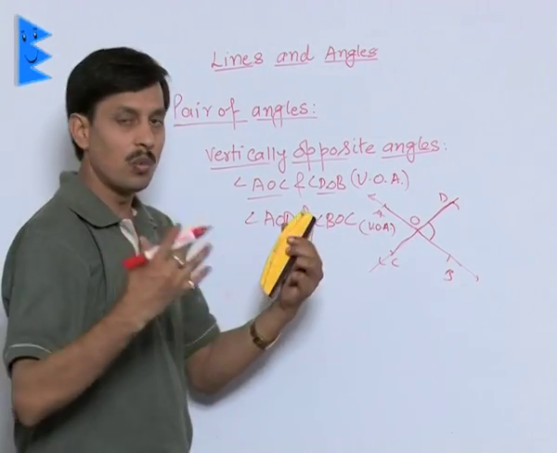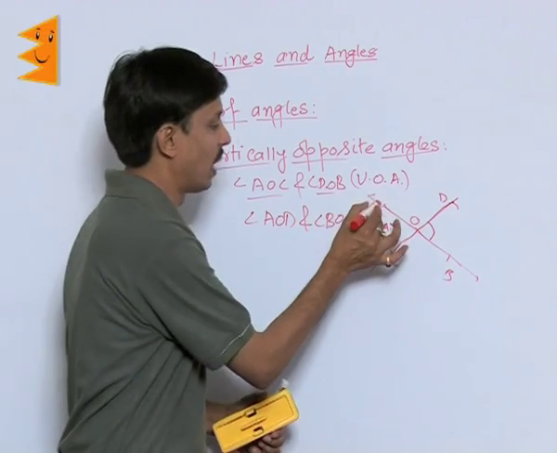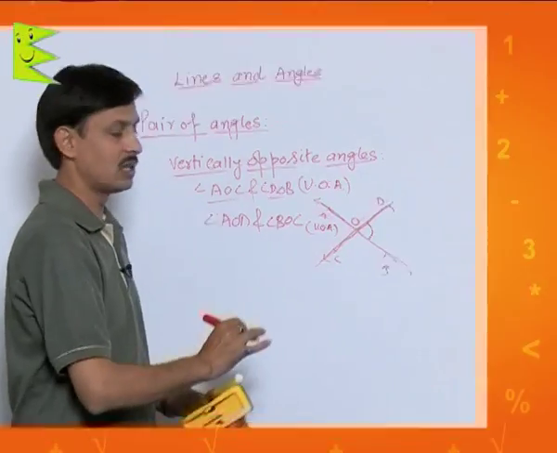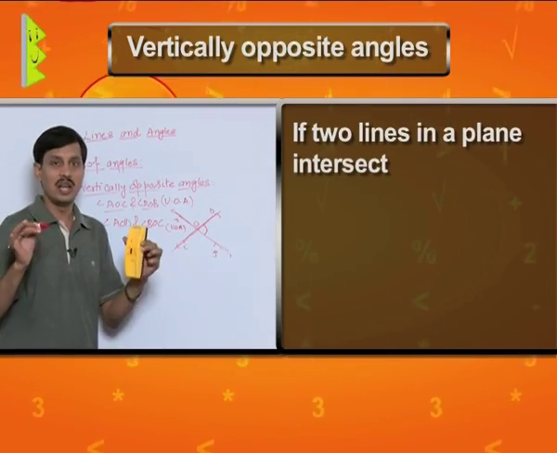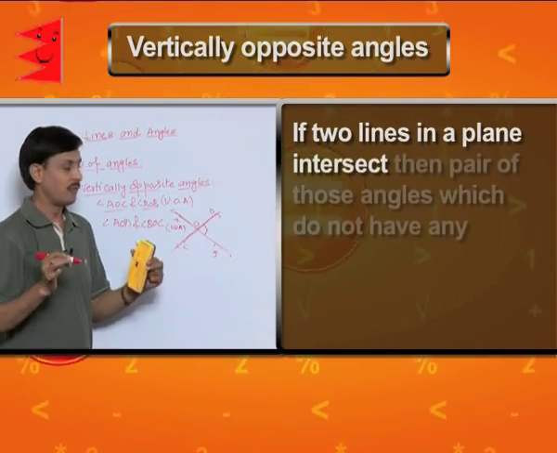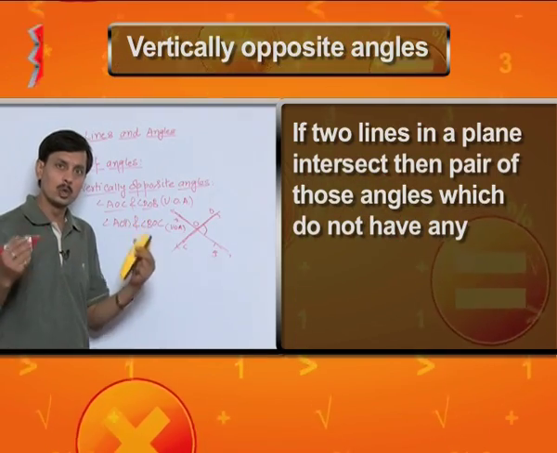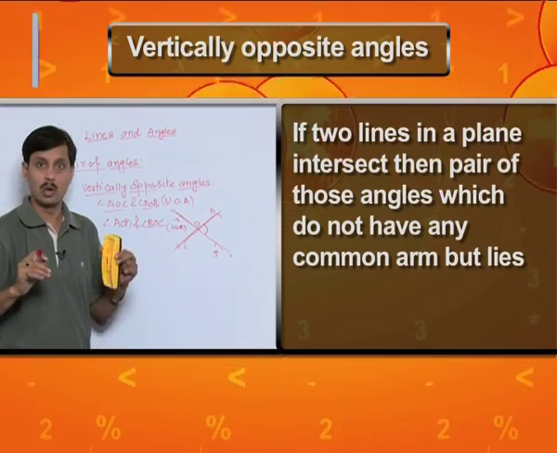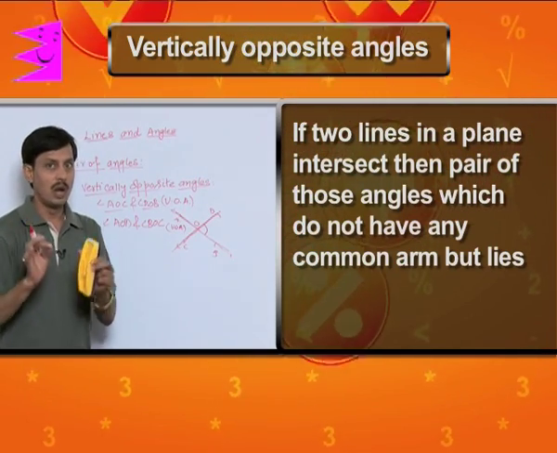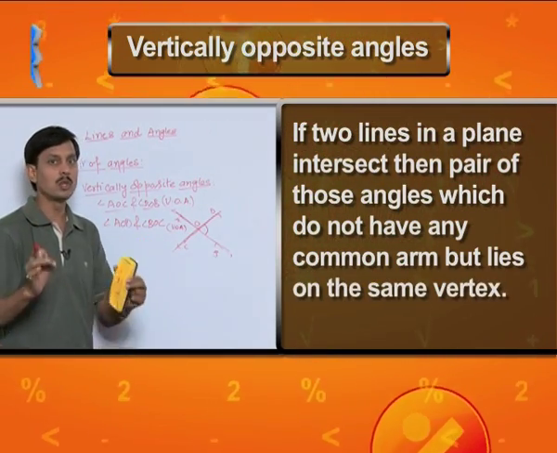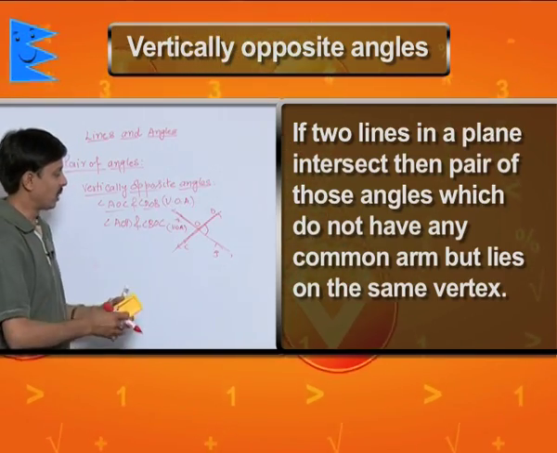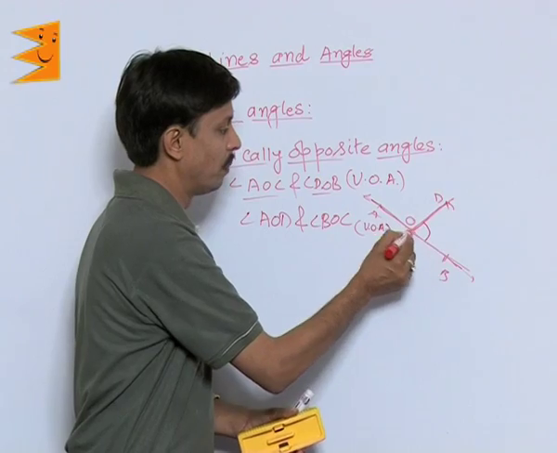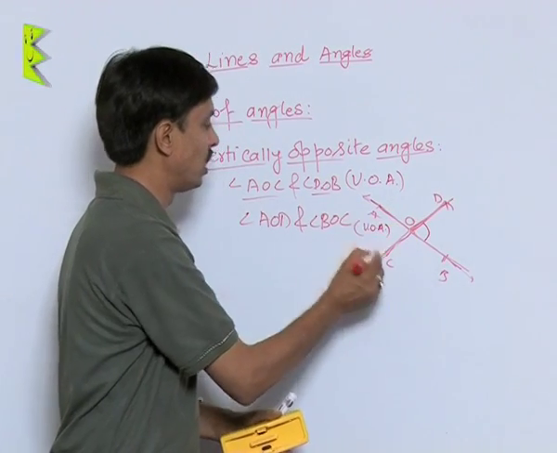Now I want to tell you the definition. The definition of vertically opposite angles is: if two lines in a plane intersect, then the pair of those angles which do not have any arm in common but lie on the same vertex. You can check angle BOD and AOC.